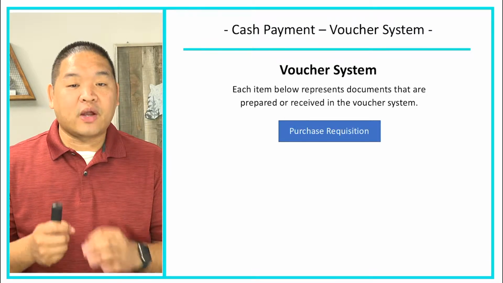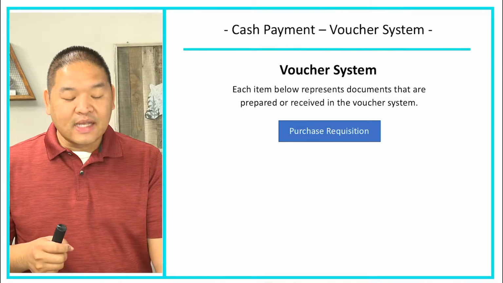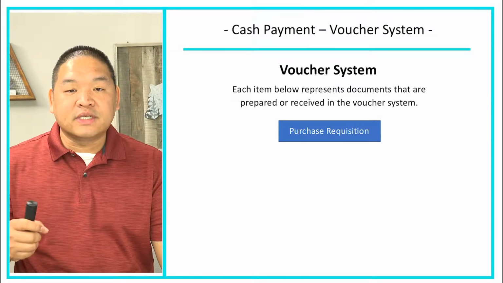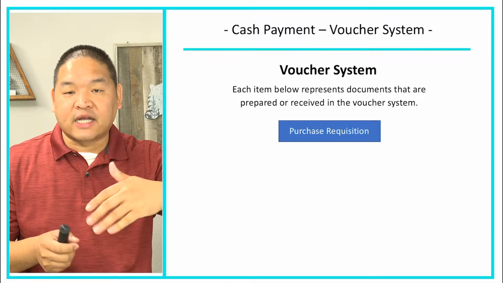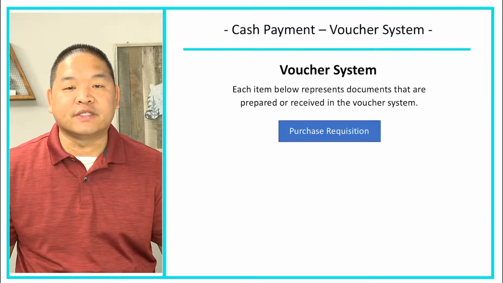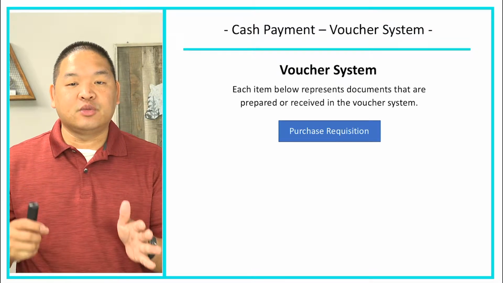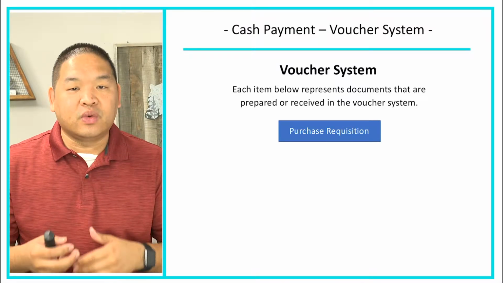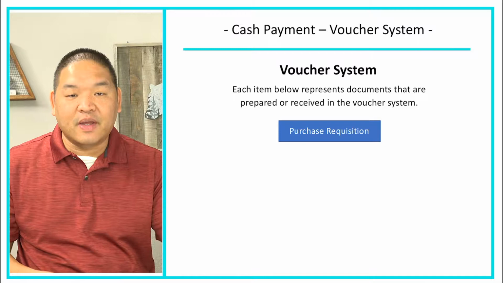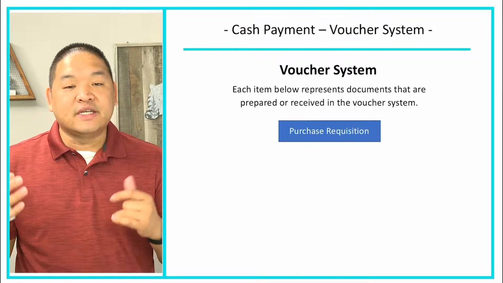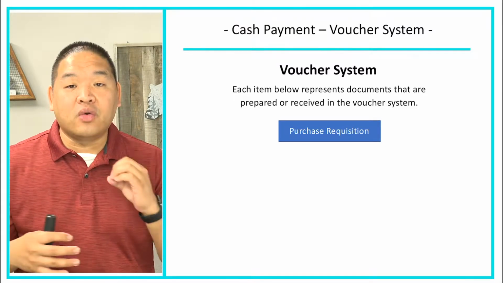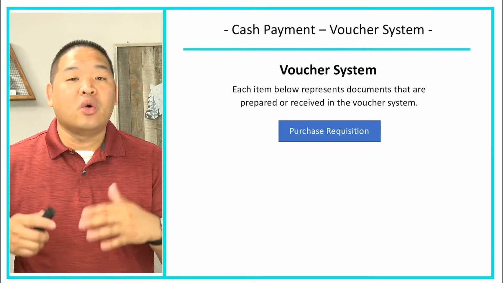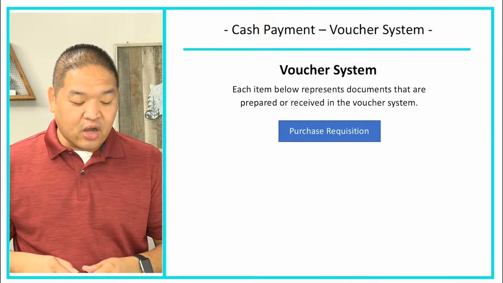So a purchase requisition will give us a request to purchase X, Y, and Z product or purchase a service. So whoever's requesting it needs to produce a purchase requisition. That purchase requisition will then go to the purchasing department as well as the manager in charge to sign off on the okay to go ahead and purchase whatever that good or services are.